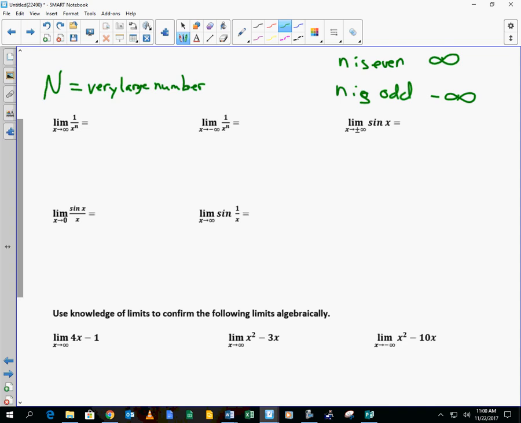Really critical. So we get 1 over a very large number to the nth power. What's going to happen to the denominator? If you take a big number to a power, it's going to get ridiculously large. So then you have 1 over a ridiculously large number. 0.